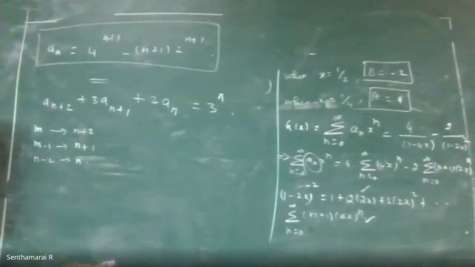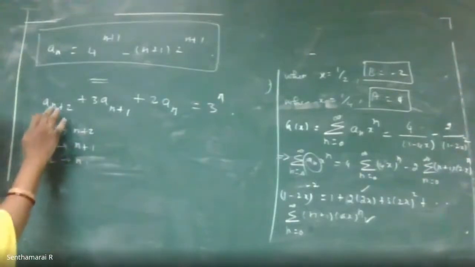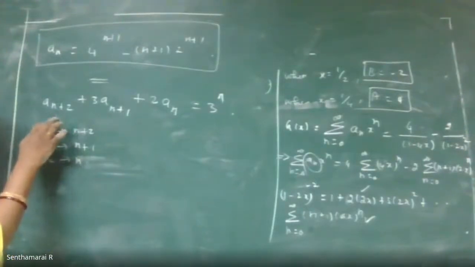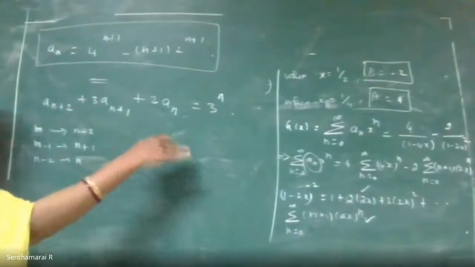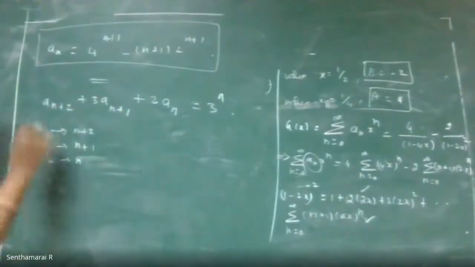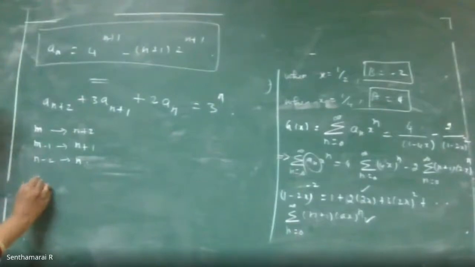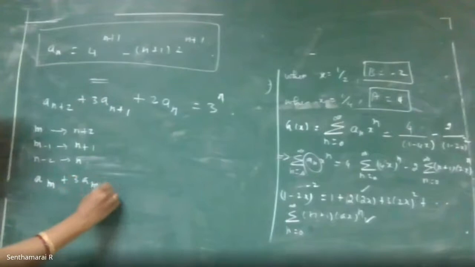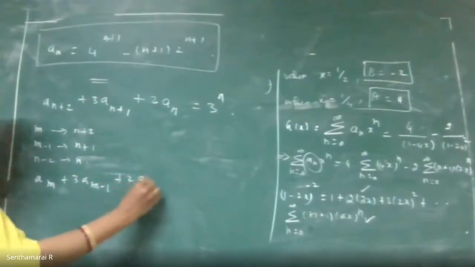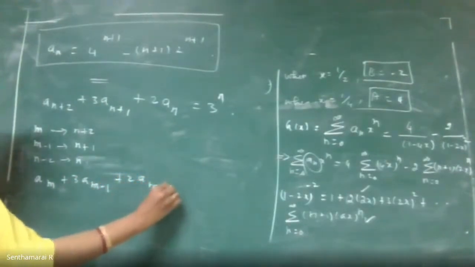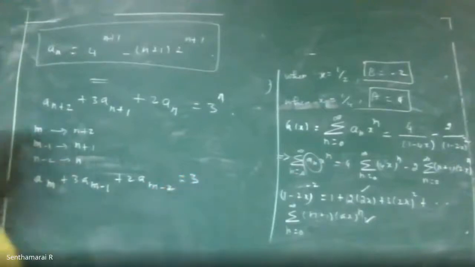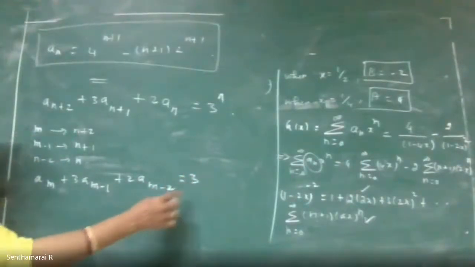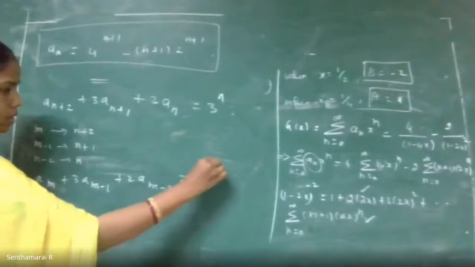Why am I introducing this? Usually in a generating function problem, the highest term is n and its preceding terms come after it. So I am writing the given equation as am plus 3am minus 1 plus 2am minus 2 equal to 3 to the power n, m minus 2.